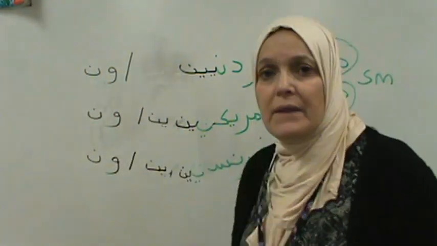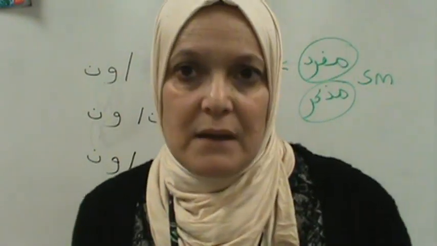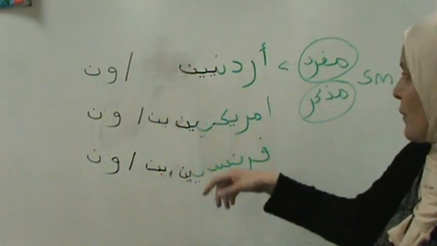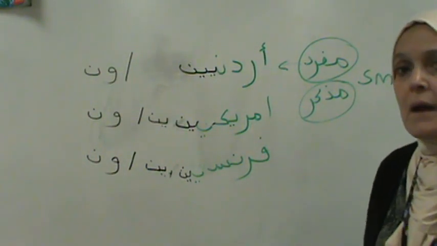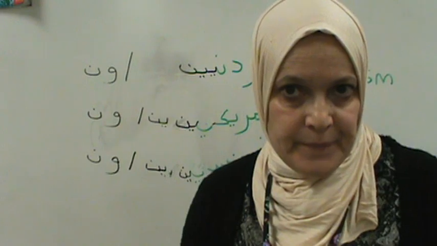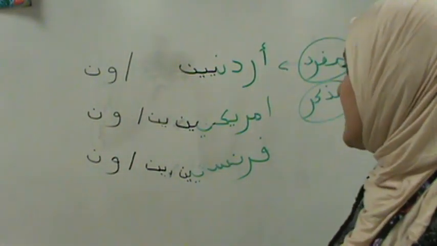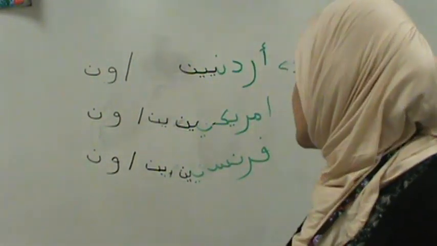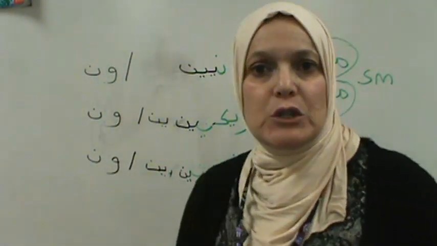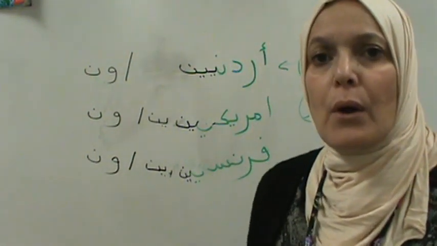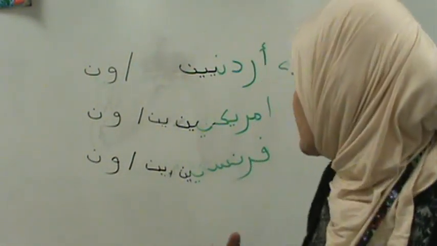This is what we call the case ending, whether it is a subject or an object. So أردنيين or أردنيون, أمريكيين or أمريكيون, فرنسيين or فرنسيون. So this is for the plural.